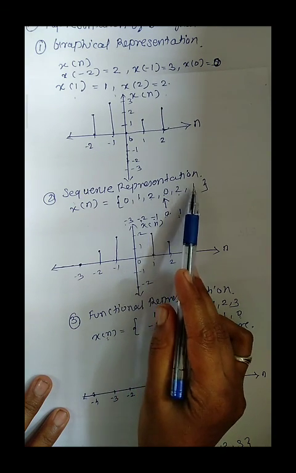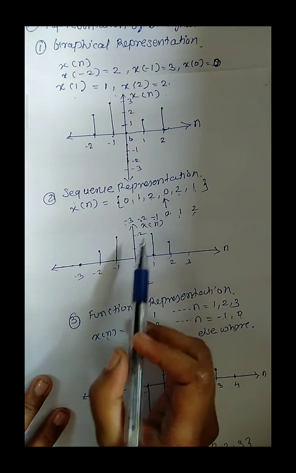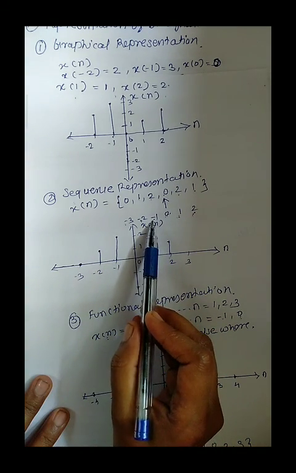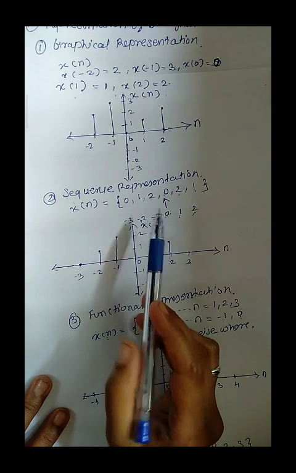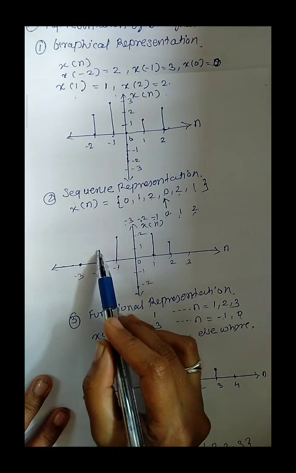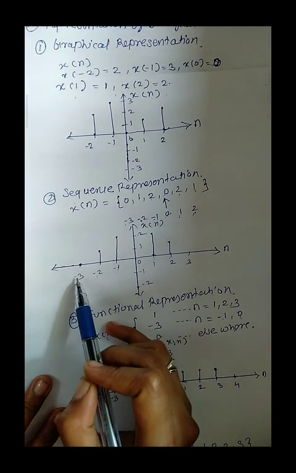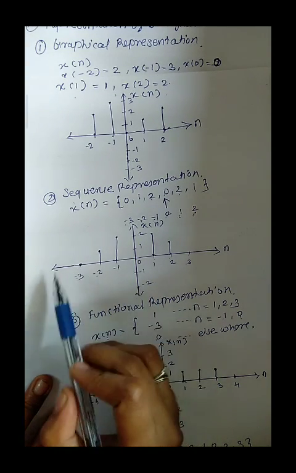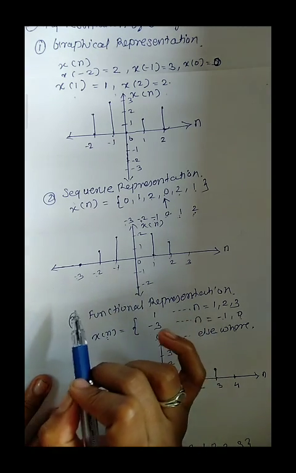The value at 2 is 1. Again, the value at minus 1 is 2. Minus 2 is 1. And minus 3 is 0. So this is a sequential representation of a signal.